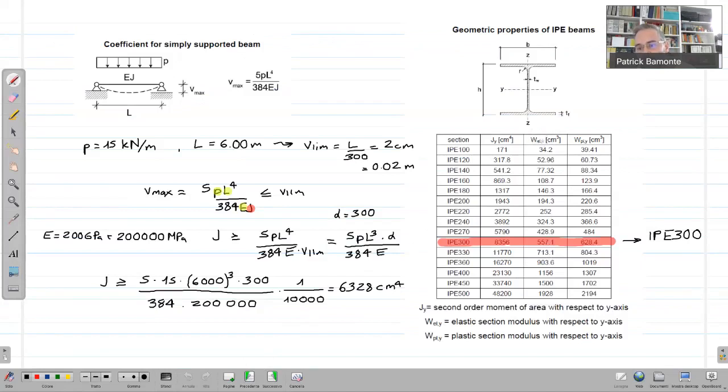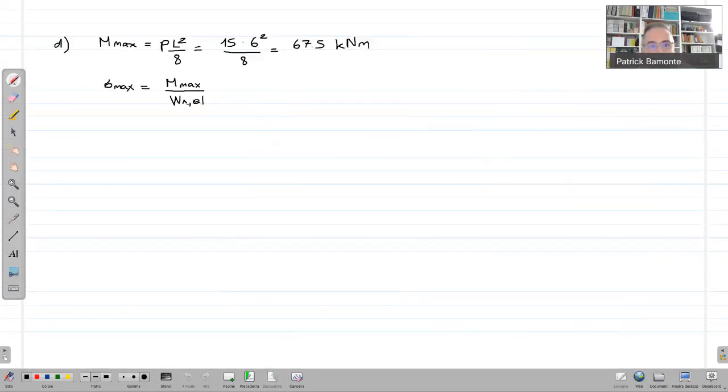W_el,y is expressed in cubic centimeters. The value for the selected profile, you can read it here, is 557.1. Sorry, I will correct this: the correct name is W_el,y.